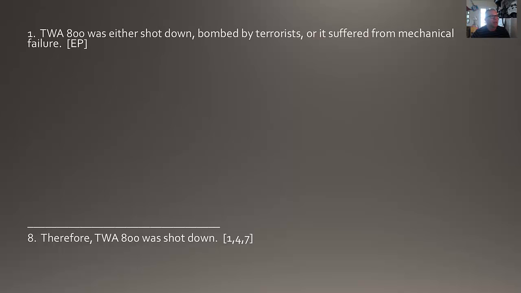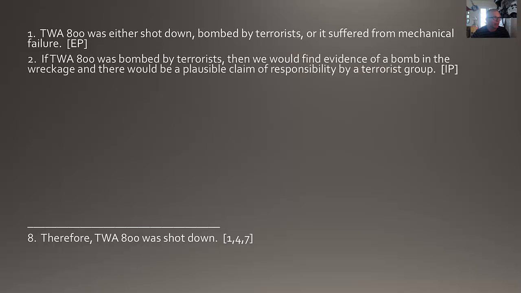Okay, so the longer, more elaborate version would have the same conclusion. Therefore, TWA 800 was shot down, and that's because we figure it was either shot down, bombed by terrorists, or suffered from mechanical failure. Now, what's the reasoning that this author gives for thinking that it wasn't bombed by terrorists? Well, the author says something like this: if it was bombed by terrorists, then we would find evidence of a bomb in the wreckage, and there would be a plausible claim of responsibility by a terrorist group.